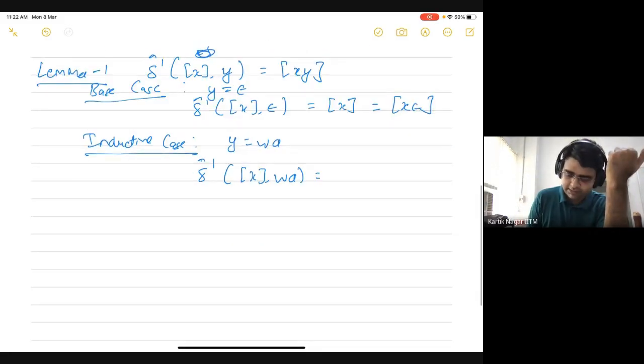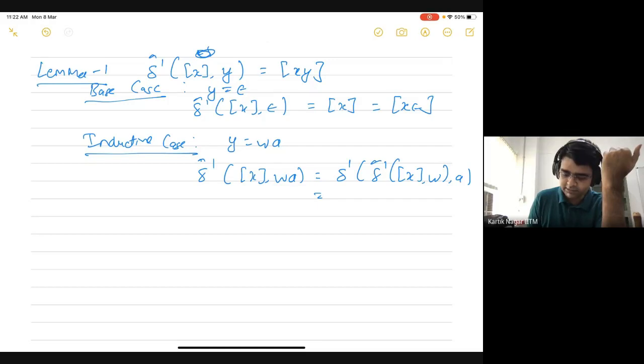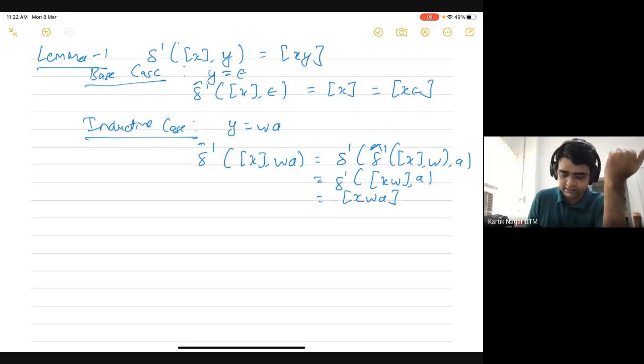So this would be the same as delta prime applied over delta prime hat of XW comma A. And here we use the inductive hypothesis, which says that this is the same as the equivalence class of XW comma A. And then we use the definition of delta prime, which says that this is the same as the equivalence class of XWA. And this is what we wanted to show, that delta prime hat of XWA is the same as the equivalence class of XWA.